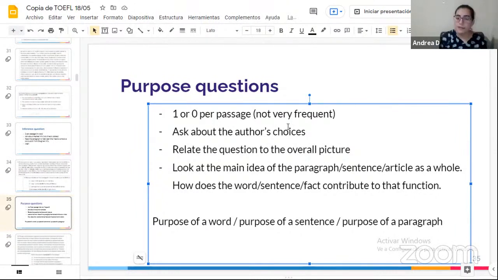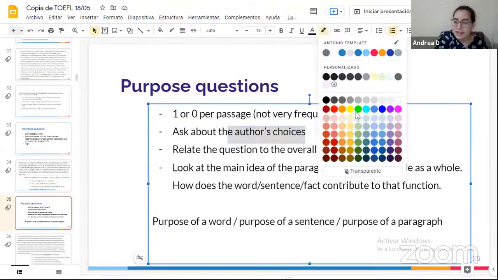Or what is the purpose of that word? Or what is the purpose of that paragraph? Or sometimes they ask something like, why does the author include this sentence? Or why does the author include that word? Okay, so basically they're asking for the why of things, the author's choices. It's like analyzing literature.